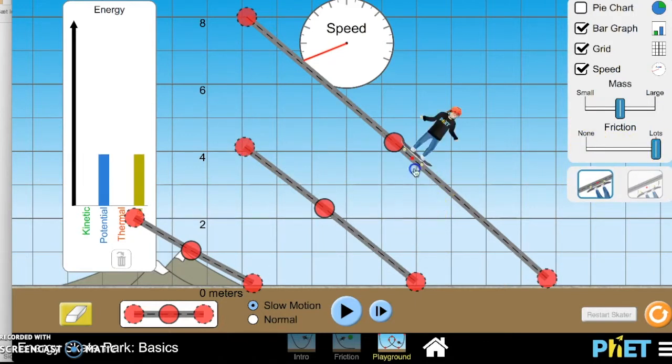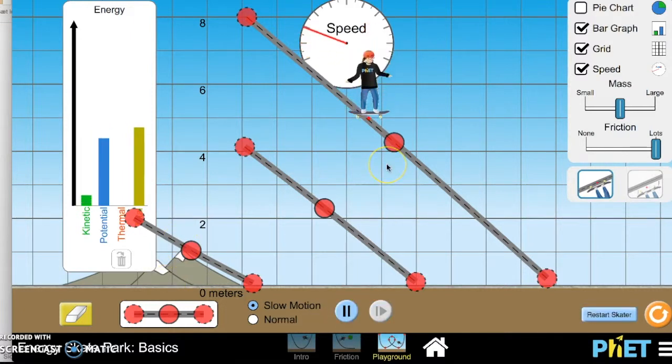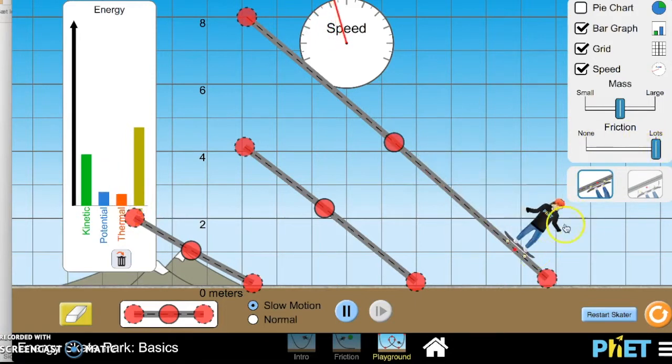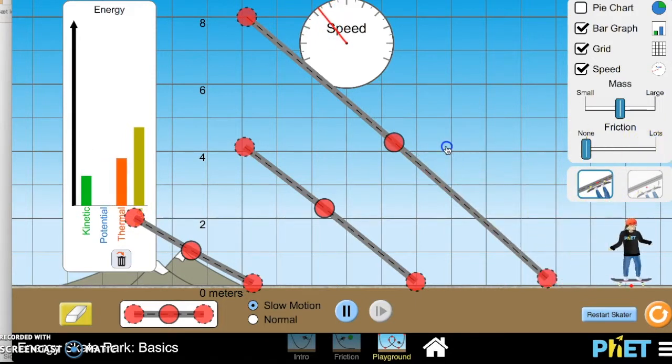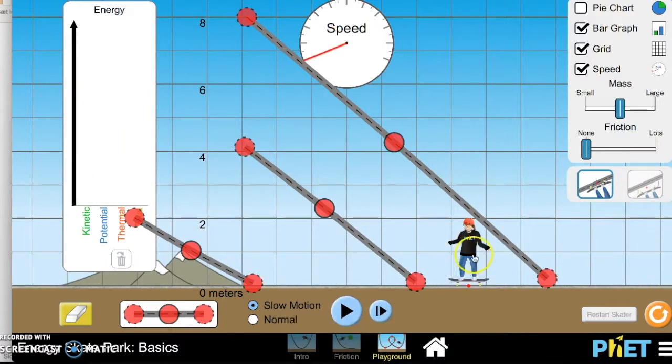Friction makes thermal energy, for example, if I let this guy work with me, see, now there's thermal energy because there's friction. But since we have no friction in this game as we play it, we don't have any energy loss there.